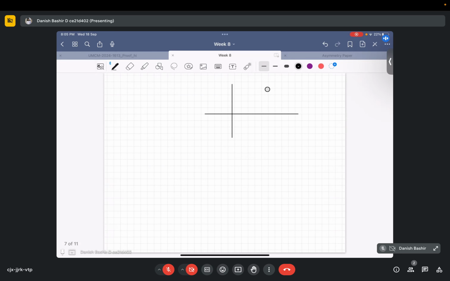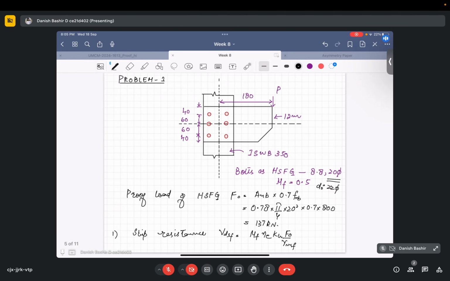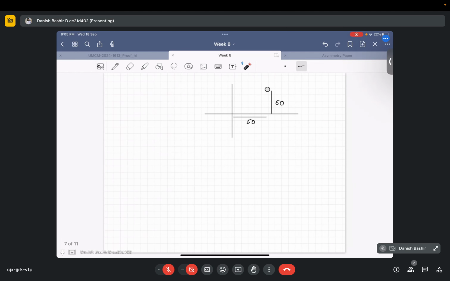So for this, the gauge pitch distance is 50 and this gauge distance is 40. And this is 60 actually. You can see that this distance is 50, and this distance is 60.